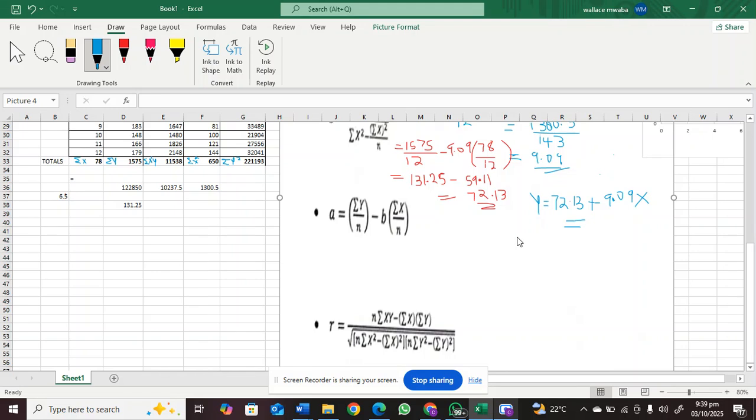So for the 13th month, we say Y equals 72.13 plus 9.09, then we substitute 13 in there.